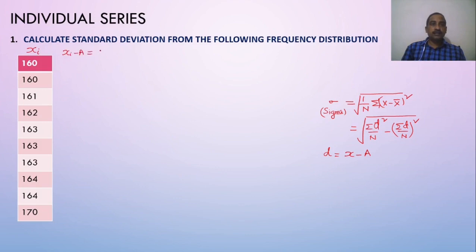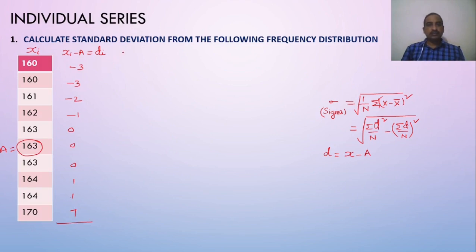You can take any one value as the assumed mean, so I consider this value as a. So 160 minus 163 is minus 3, this is also minus 3, minus 2, minus 1, 0, 0, 0, 1, 1, and this is 7.